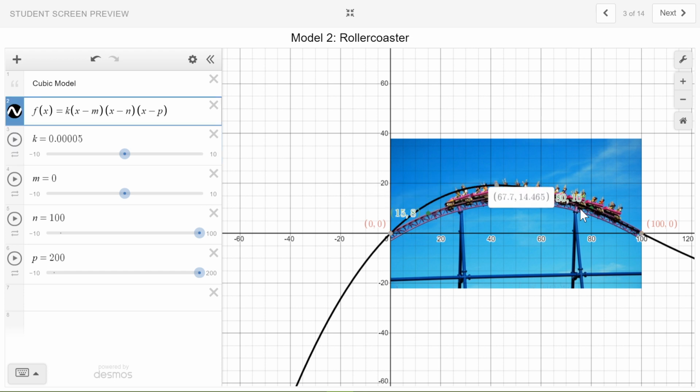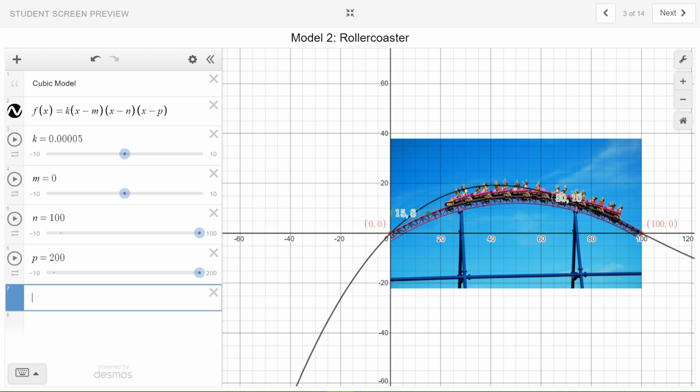And so if I follow it through, I'm quite happy. And I'm going to say that this is my model. Okay, so I'm going to type it in. Y equals 0.0005 bracket x minus 0, x minus 100, x minus 200.